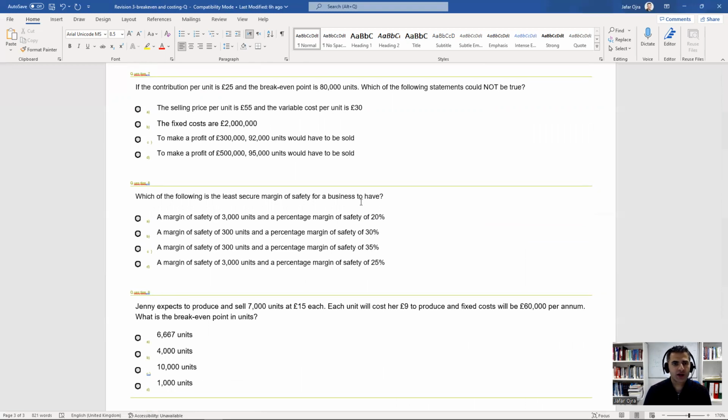Right. If the contribution per unit is £25 and the break-even point is 80,000 units, which of the following statements is not true? So we talk about not true.